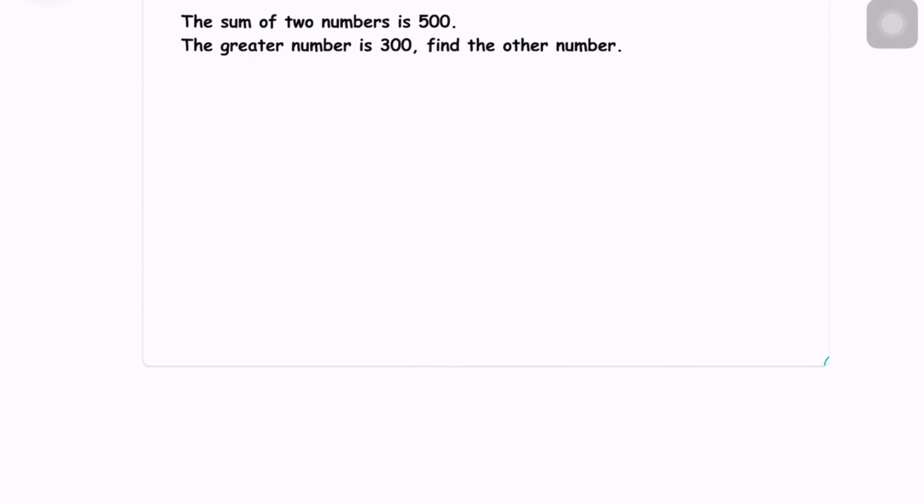Okay, let's try this question with the line method. The sum of two numbers is 500. The greater number is 300. Find the other number, okay? So first we will do the same thing. Let the other number be x, okay. Now it's about sum.